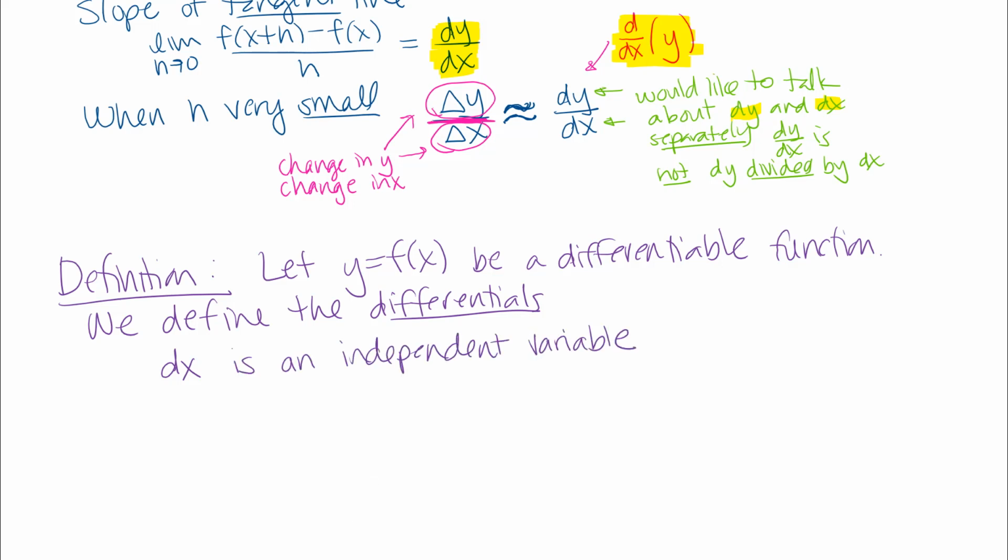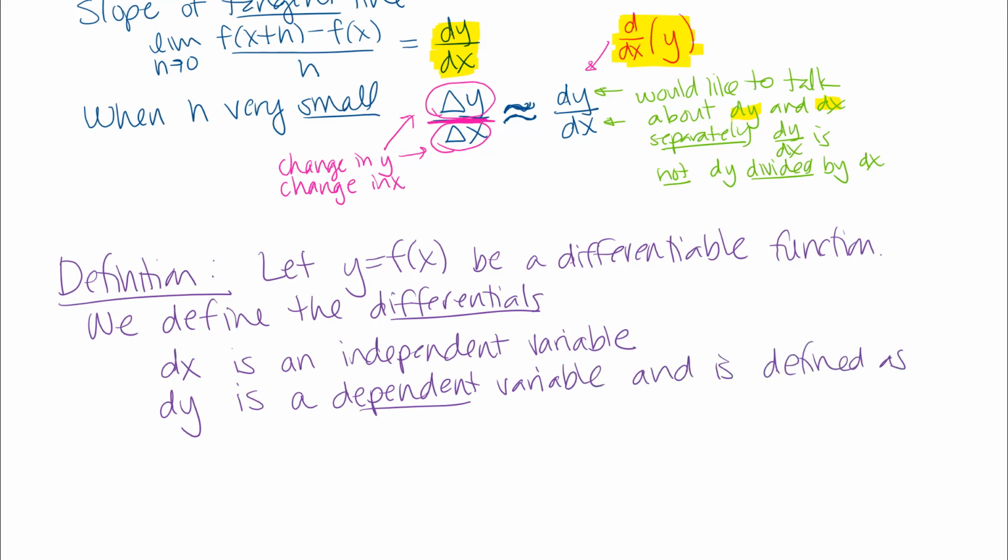So when we think about function behavior, independent variable would be the input variable, or what the other function depends on. And so it can vary. Dx can take on different values. Dy is a dependent variable. It depends on something else, and it is defined as dy equals f prime of x dx.